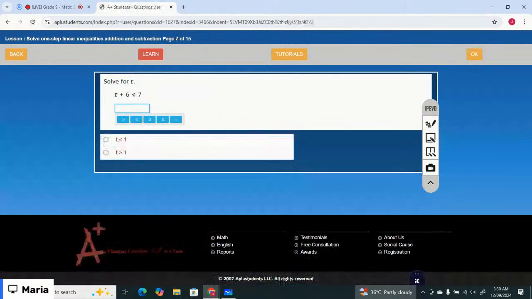Solve for T. T plus 6 is less than 7, which is the correct option.